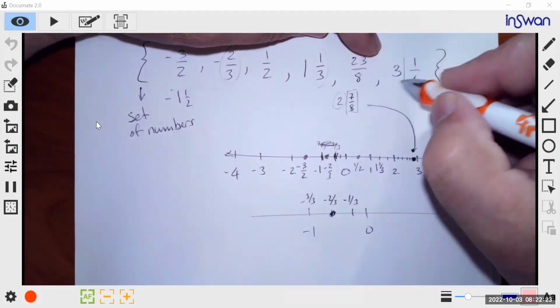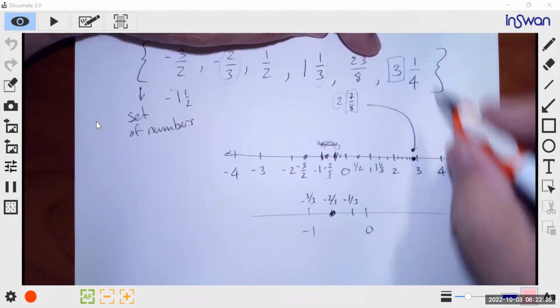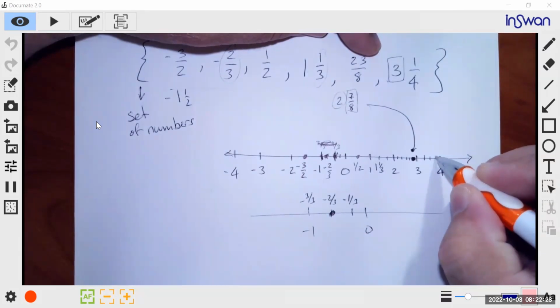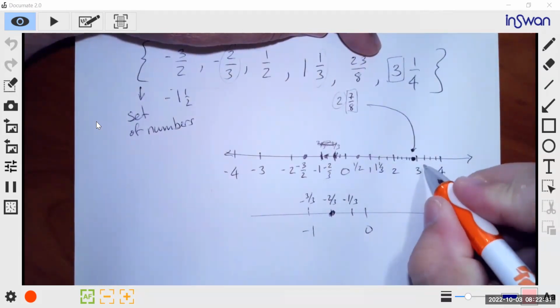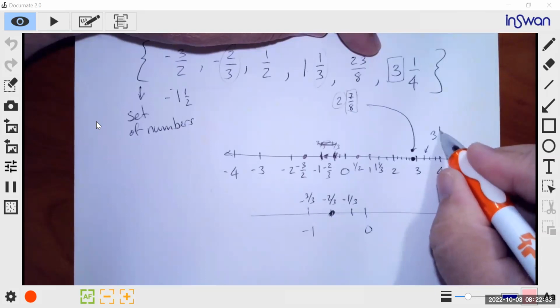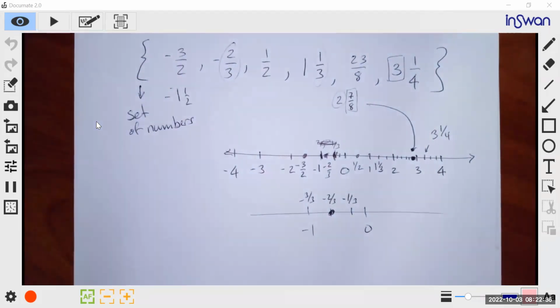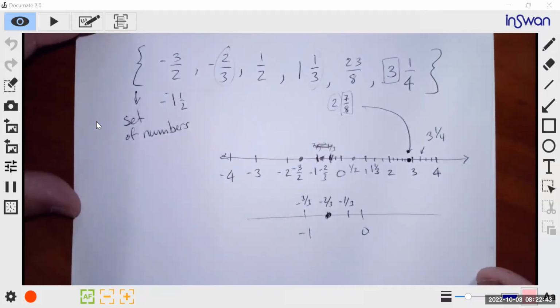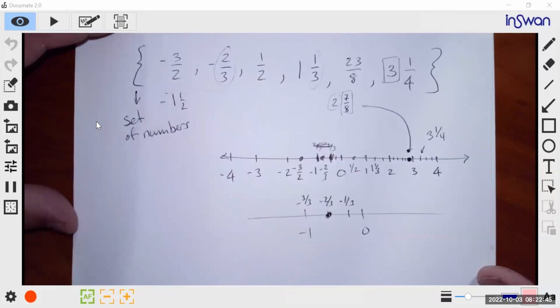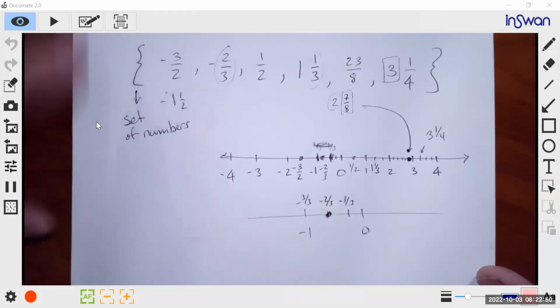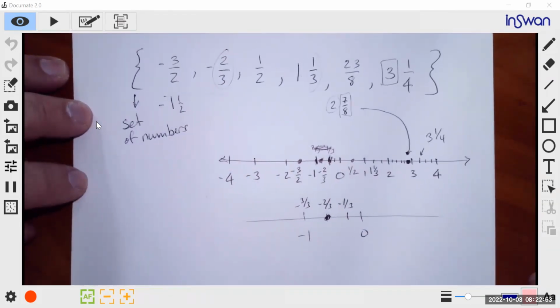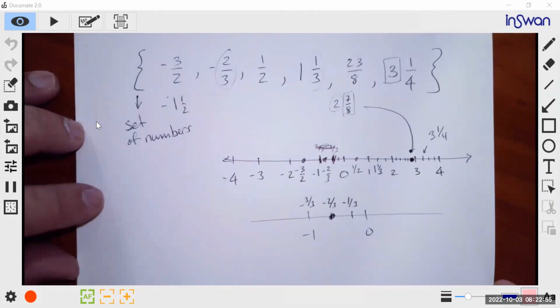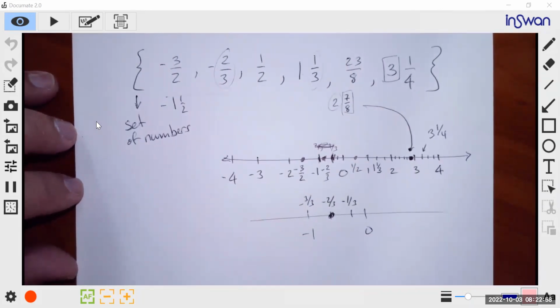3 1/4. It's bigger than 3. It's 1/4 bigger than 3. So we cut this into 4 parts. And right here is 3 1/4. What's another way we could have done it? Fortunately, these were given to us in order already. How else could we have done it to make sure, if these were all mixed up?